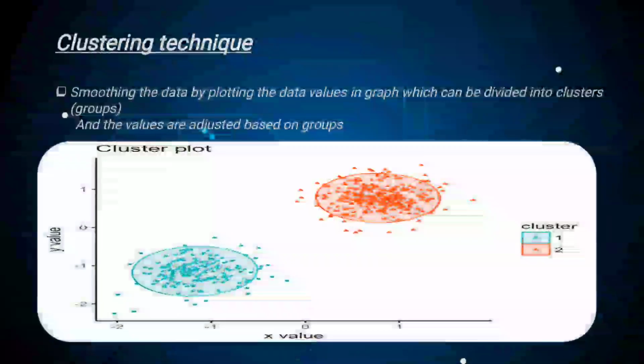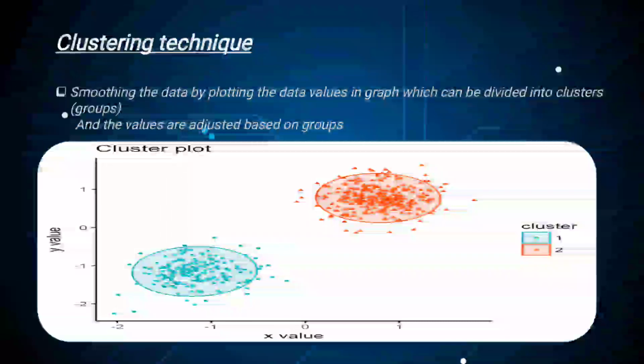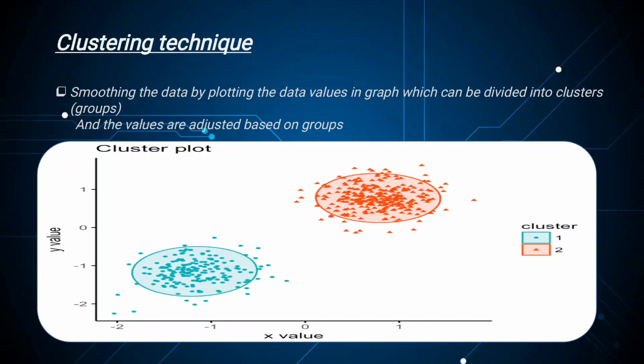Next one, clustering technique. It is similar to the regression technique, but a little bit different. First we plot the data points in a graph so that they form groups of points.